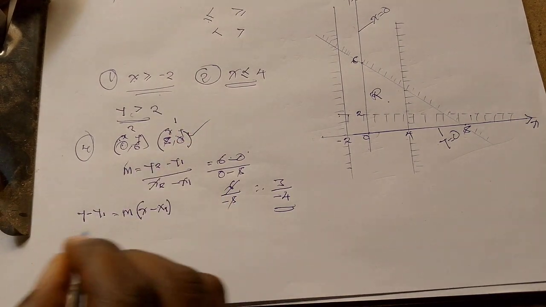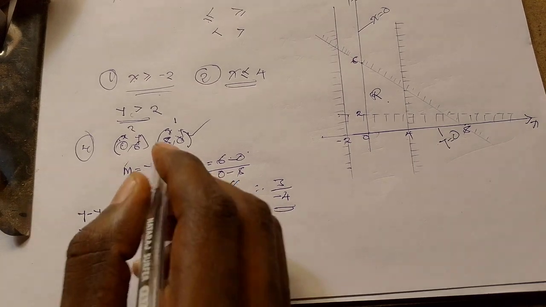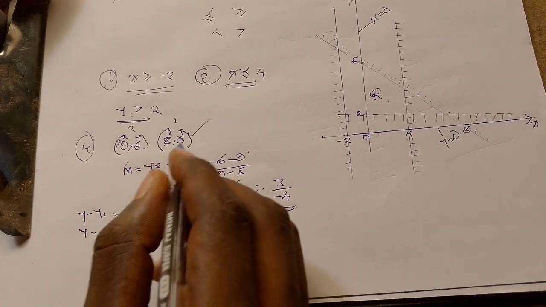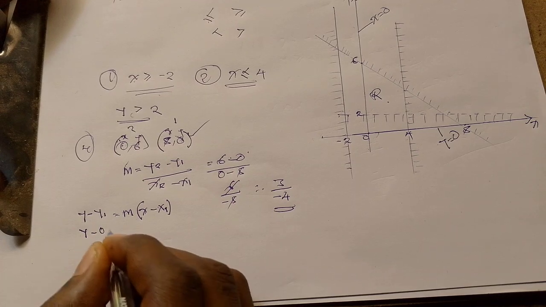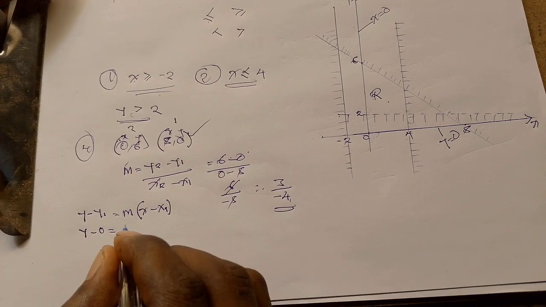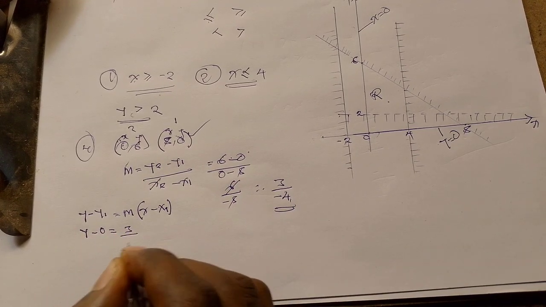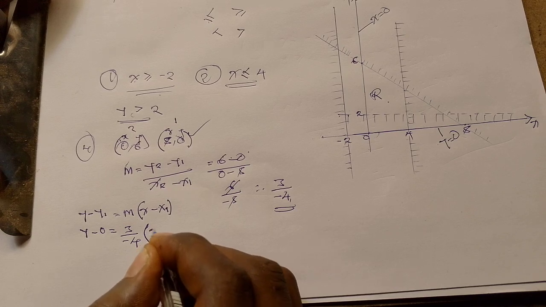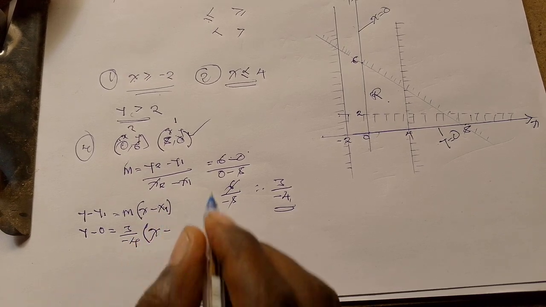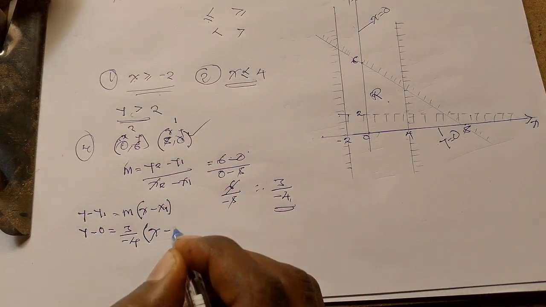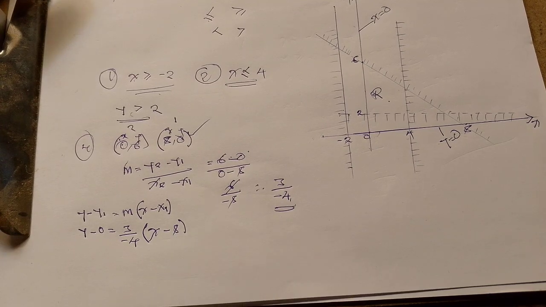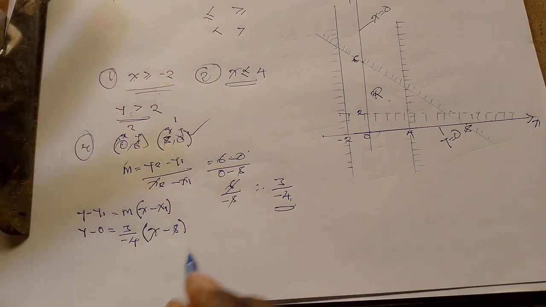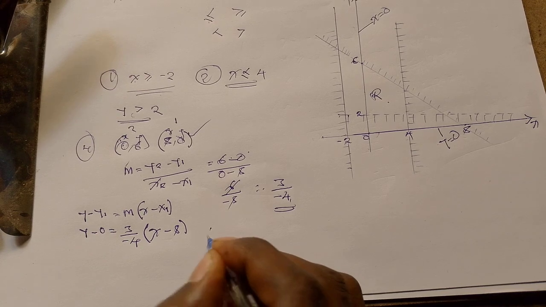So I will now replace the numbers. y minus y1, I'll put 0 here, is equal to gradient, which is here, 3 over negative 4. Then from here, open bracket, x minus x1, I'll put now 8. Then from here, I'll keep on to simplify it.